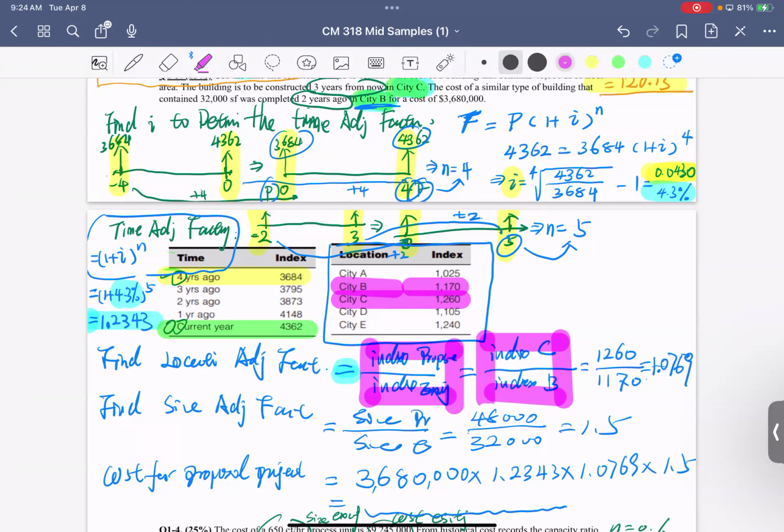So let me color those. This is your location adjustment, this is your size adjustment, and this is your time adjustment, and this number comes from here. Okay.